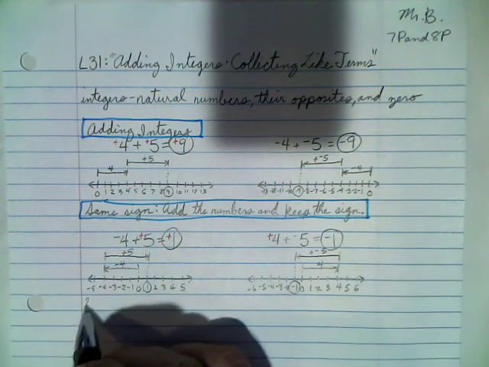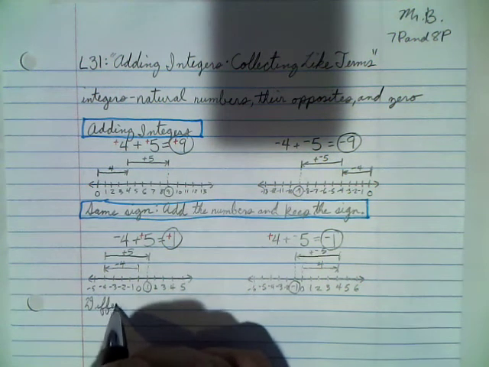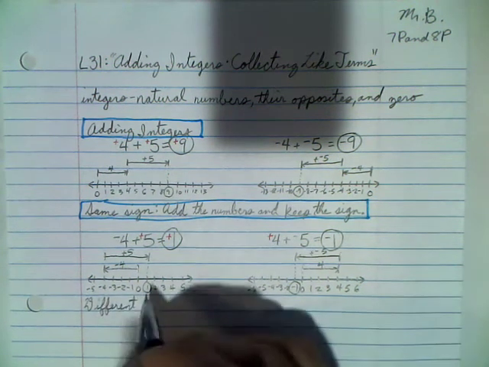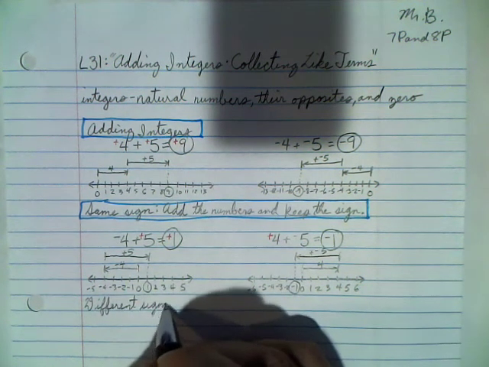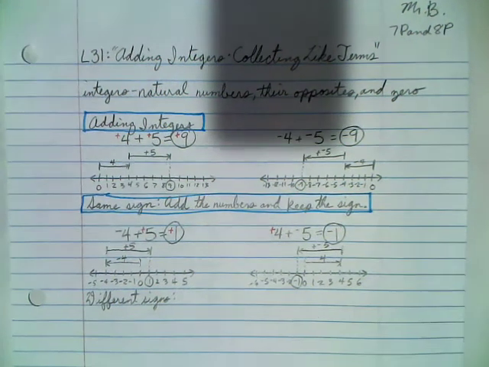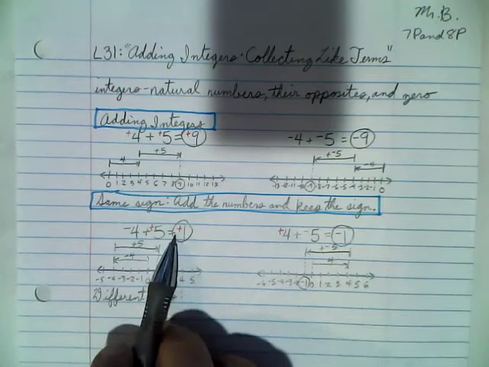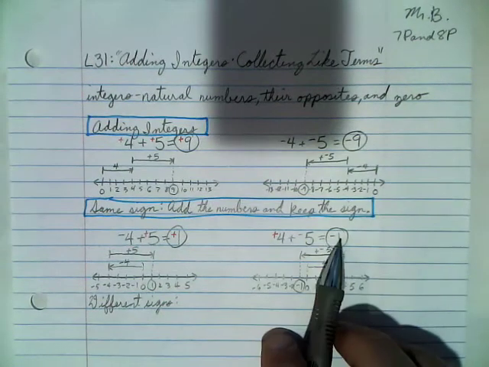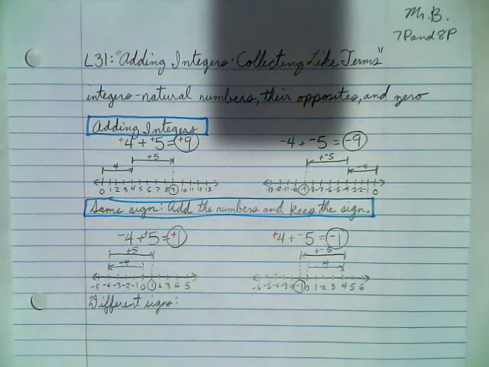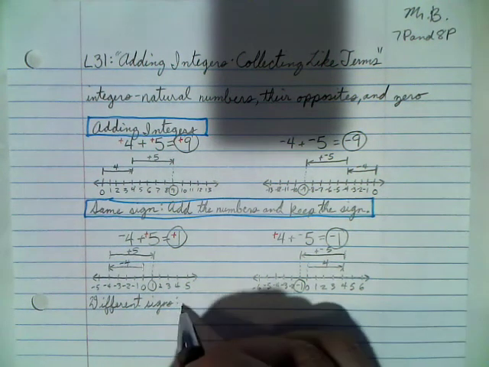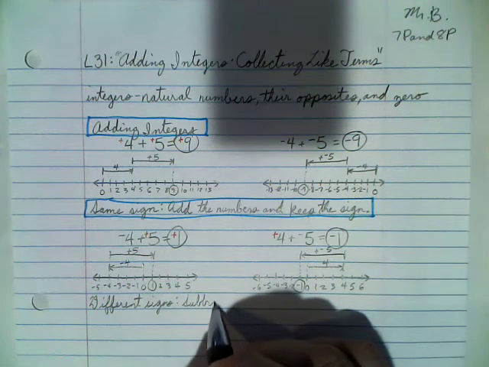So when adding integers, if they have different signs, well, let's look at how do we find the number. So we had a 4 and a 5, we got a 1. It looks like this time, because the signs were opposite, what we're actually going to do is subtract the numbers.